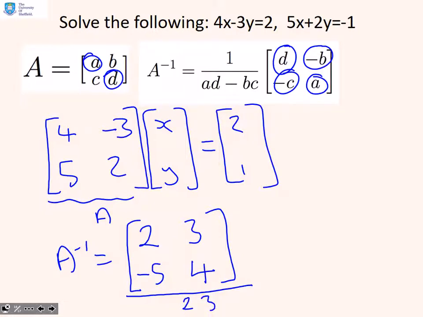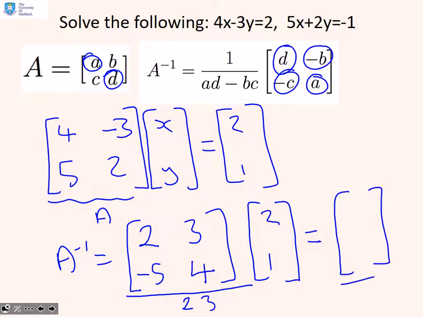And now I'm going to multiply by my B, which is 2, 1. And so therefore my x is going to be given by, and I'm not going to bother taking out the 23, I'll just leave the 23 down there. So we get 2 times 2 plus 3 times 1. Have I done that right?